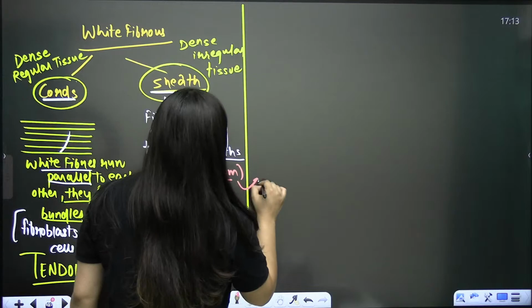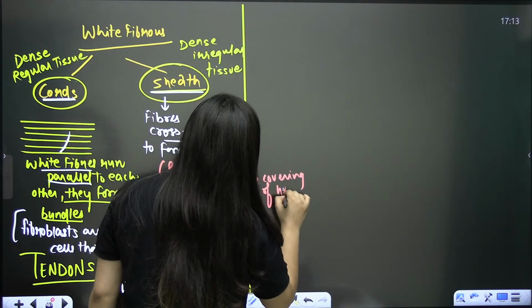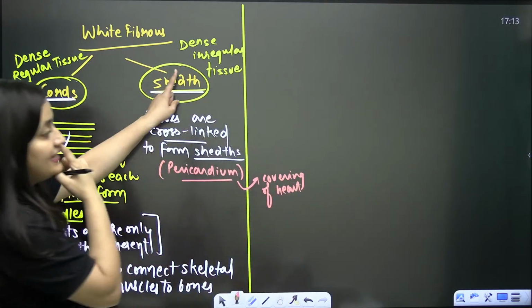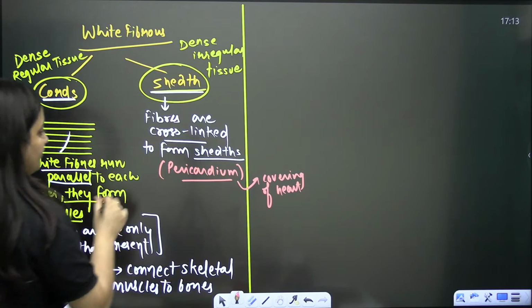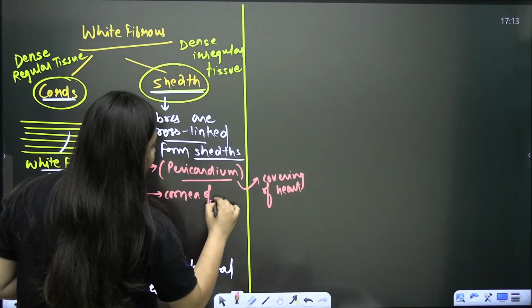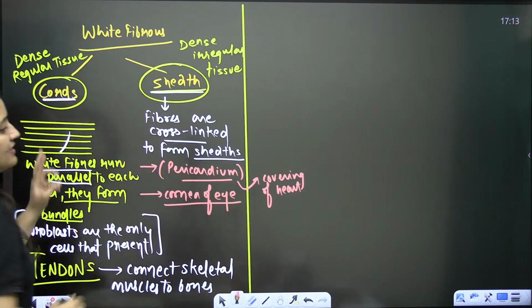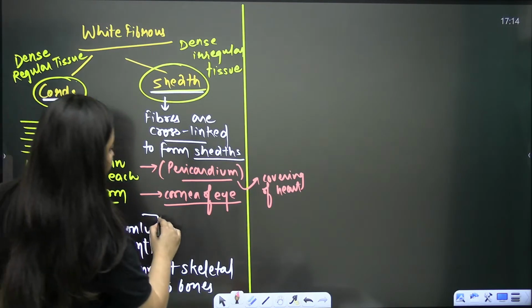Pericardium is the covering of the heart. The covering of the heart is made up of dense connective tissue, but it is dense irregular connective tissue. Even the cornea of the eye has this dense irregular connective tissue. So pericardium, cornea of the eye, and even Glisson's capsule.